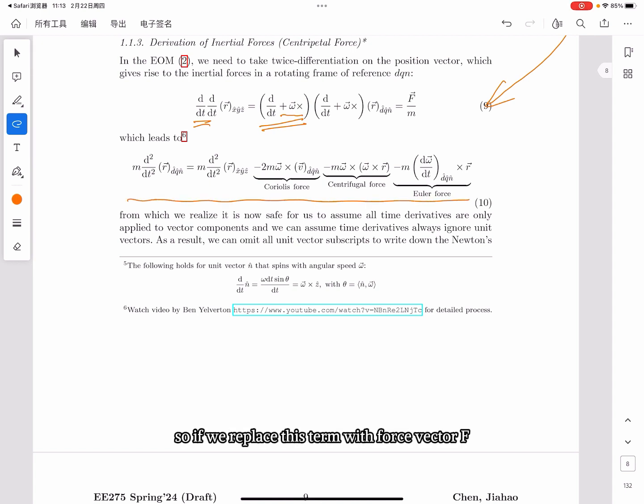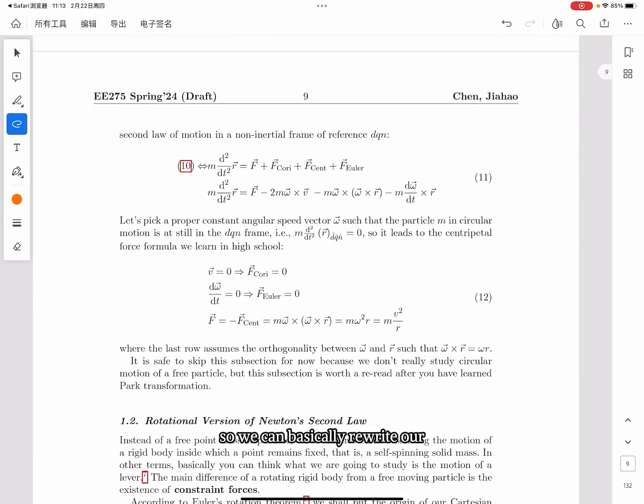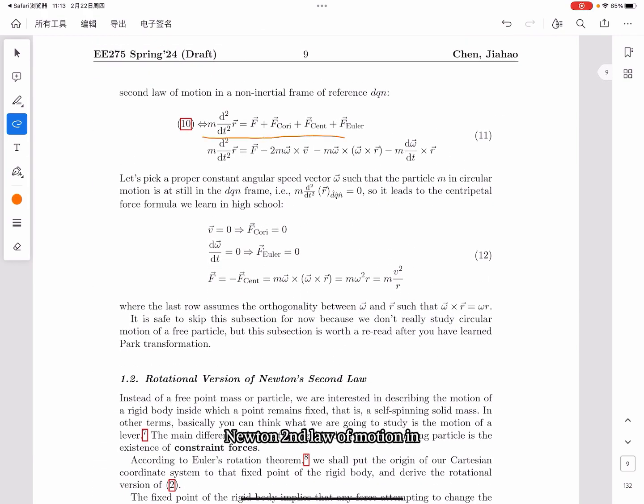If we replace this term with force vector F, we can drop all these subscripts that denote time derivatives only valid for the vector components. So we can rewrite Newton's second law of motion in a non-inertial frame of reference denoted by dqn.